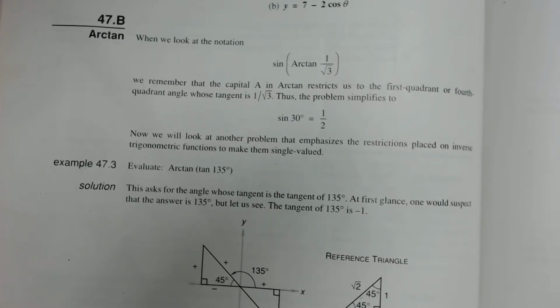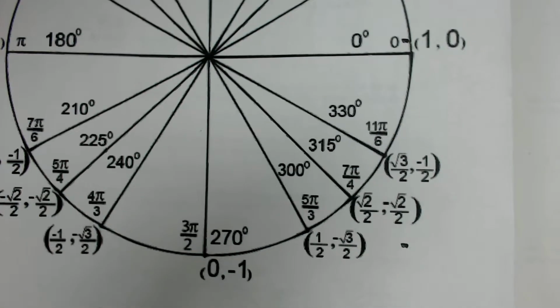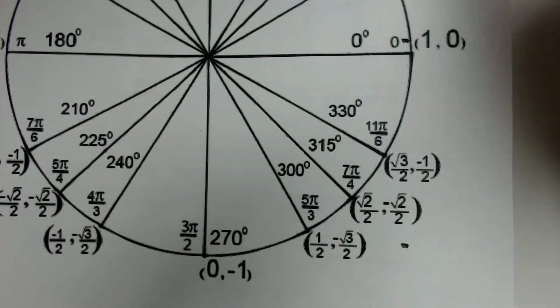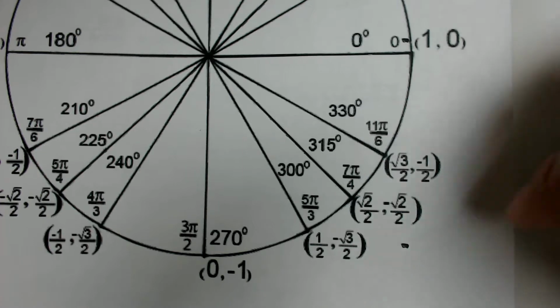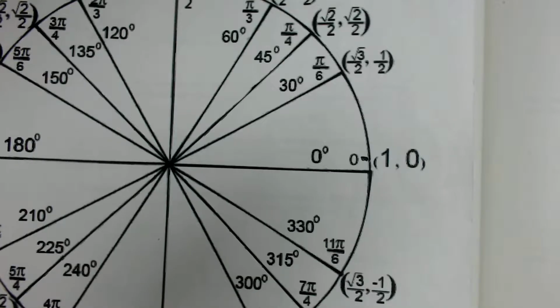If we look at 1 over root 3 on our unit circle reference guide, just for the sake of time, because this video is going a little bit long, 1 over root 3 is going to be, where is it? Here.